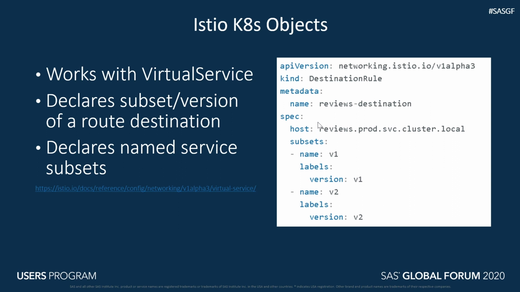I know it's a bit confusing, but when you see things written out in this sort of host syntax, reviews.prod.service.cluster.local, it is talking about a service running on the local cluster. So this is a Kubernetes service, which is the host when we're talking about routing traffic and sending things here.